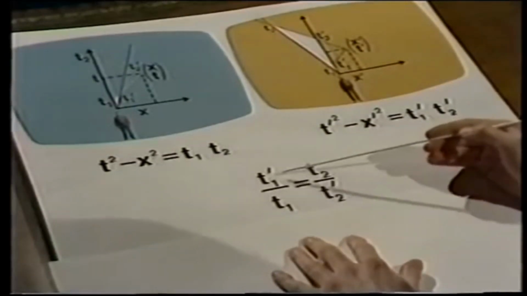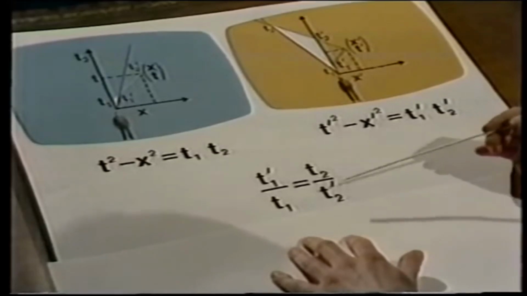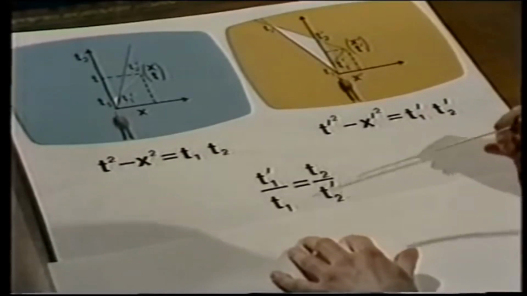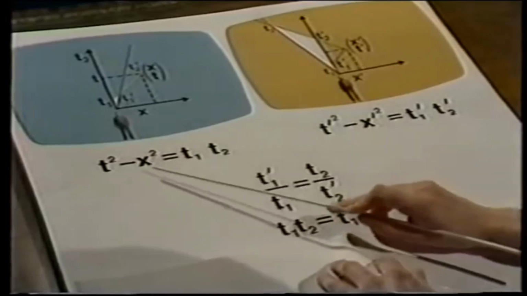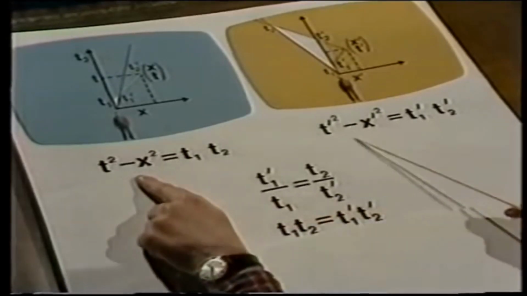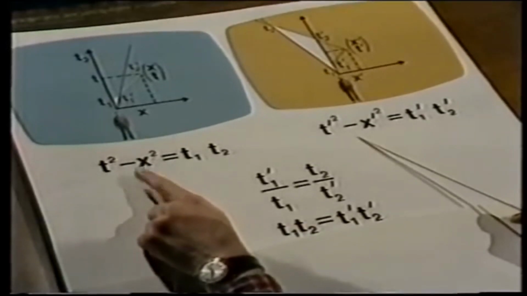And if I look at corresponding sides, I get the ratios are the same. t1 prime over t1 in the little triangle is equal to t2 over t2 prime in the big triangle. Clear of fractions, I get t1 t2 is t1 prime t2 prime. These expressions are equal, and so these expressions, t squared minus x squared and t prime squared minus x prime squared, must be equal, which is what we want.